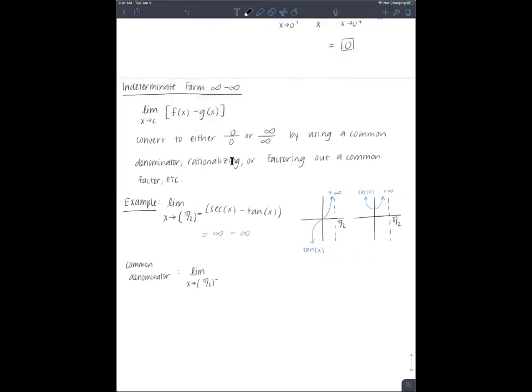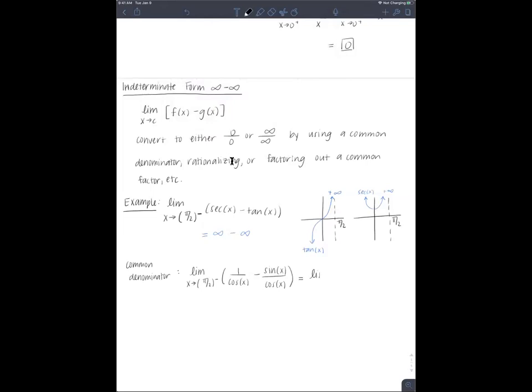Secant I just showed you: it's 1 over cosine. But then tangent, what is tangent? Yeah, it's sine over cosine. And so here, they actually already have the same denominator, which makes it a little bit easier.